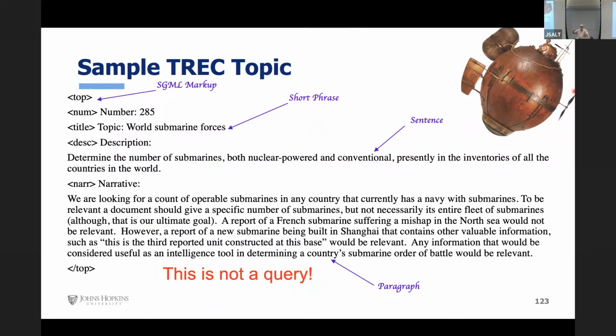Those are the most common ways people convert a topic to a query. And most retrieval engines will take a text query and find the result. So that's how that works. But you have to remember that different systems will produce different queries from the same topic.